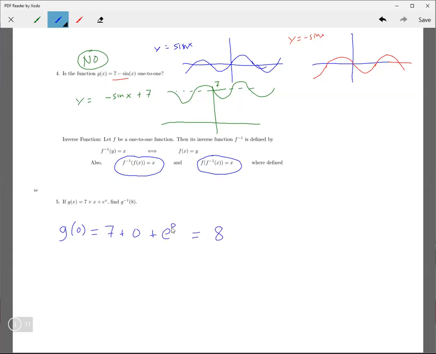You get 8, because e to the 0 is 1. So 7 plus 1, that's 8. Because 0 gave you 8, the inverse applied to 8 has to give you back 0. So 0 is the answer there in number 5.